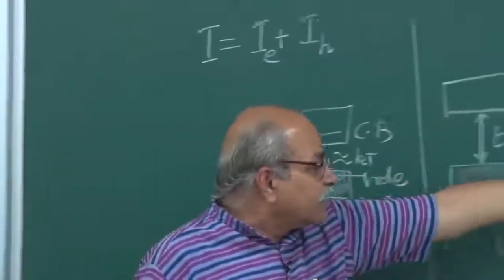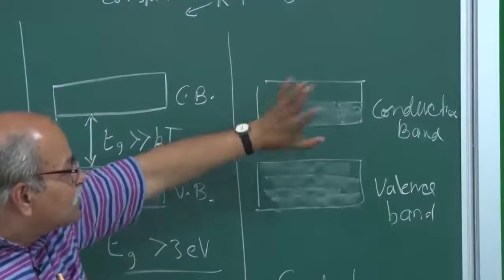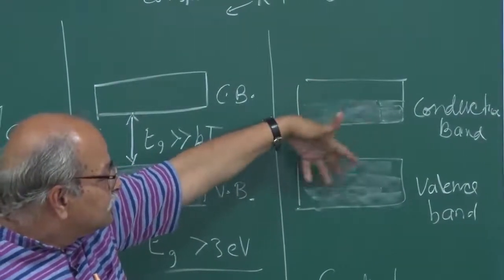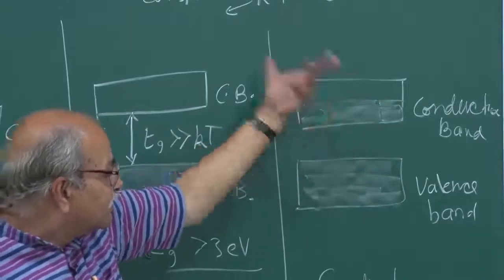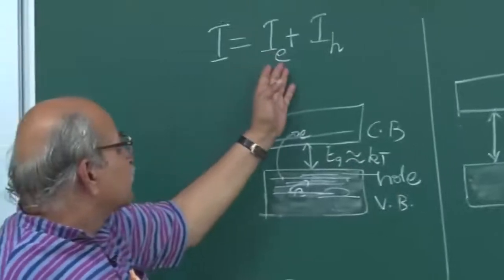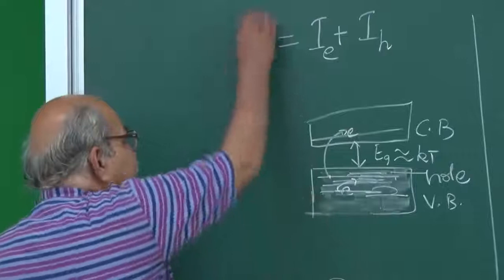Here it is not the case. Here these electrons are in large numbers, and therefore even if some holes are there, it's almost negligible. So this is the kind of conduction mechanism which is there in semiconductors.